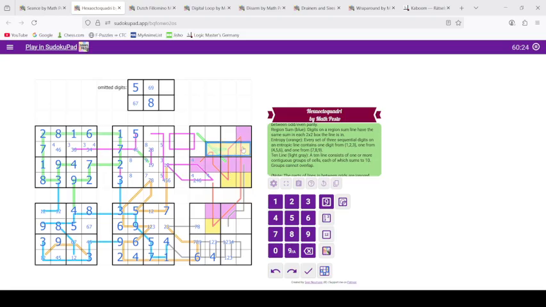If this was even, none of those could be a 4, it would have to be a 2 and an 8, which is possible. Otherwise, what?